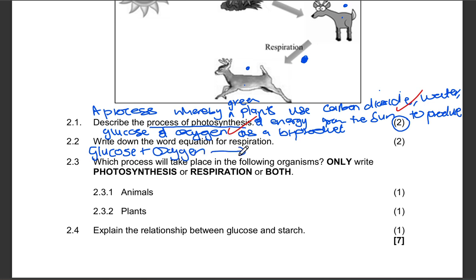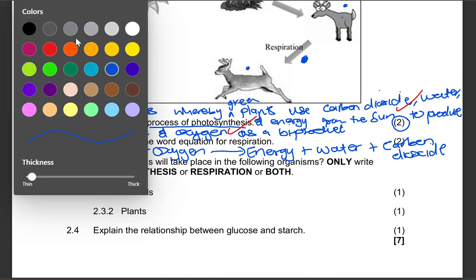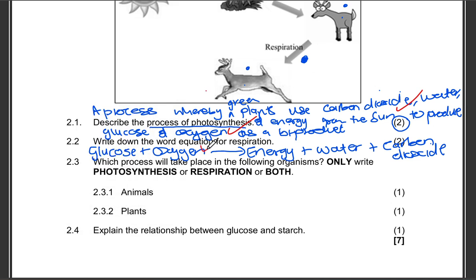Then we write down the arrow, we write down our products, energy plus water plus carbon dioxide. All right, so 2 marks. First mark for your requirements, and the second mark for correct products, all 3 of them, in no particular order, as long as you've mentioned all 3.